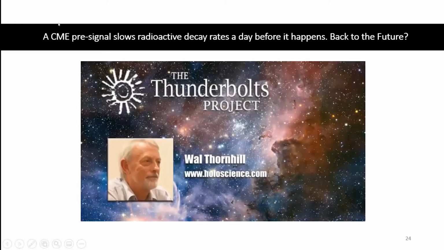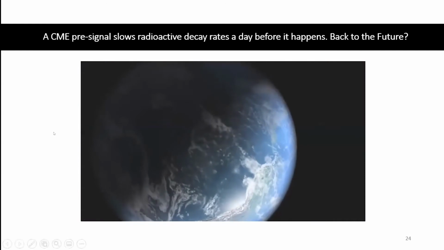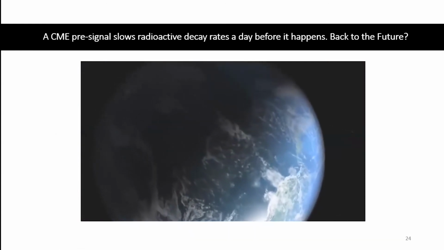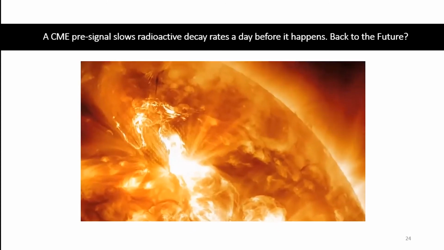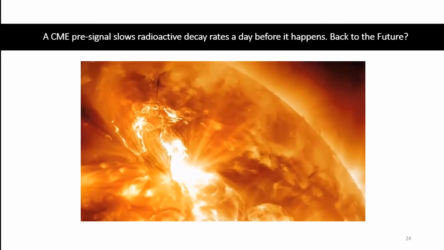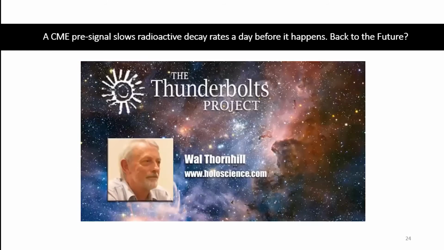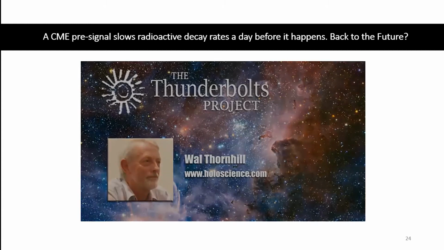One of the effects that was discovered was on the night side of the Earth, the radioactive decay decreased roughly a day before a flare appeared on the sun. And this effect was noted a number of times. So it was reproducible. The question then was, how do we get an effect happening on the other side of the Earth, on the night side of the Earth, away from the sun, being registered through the Earth?